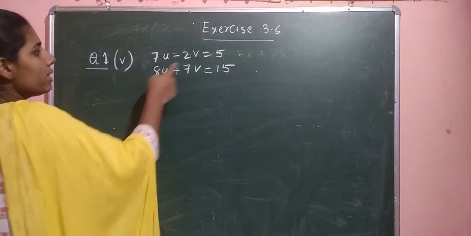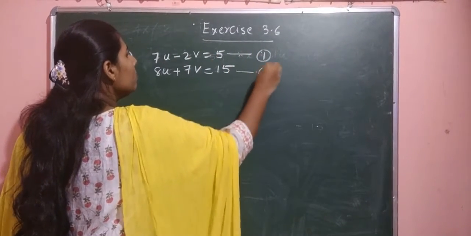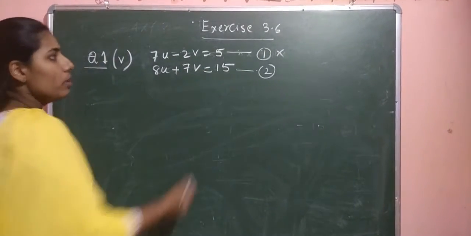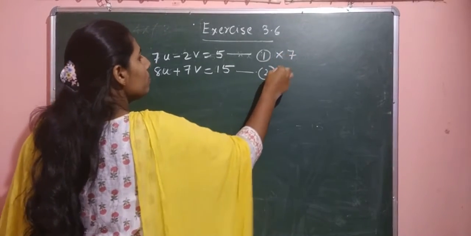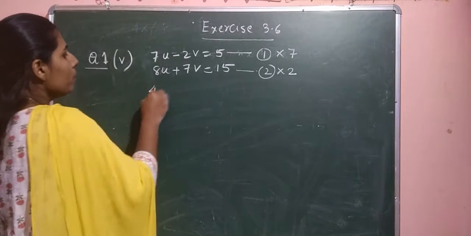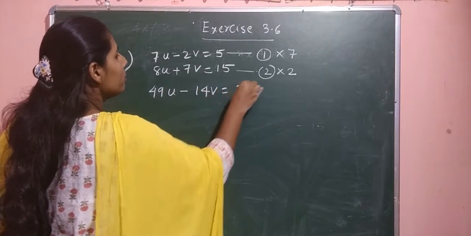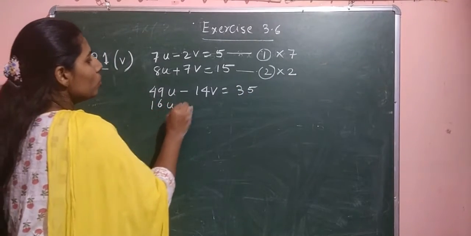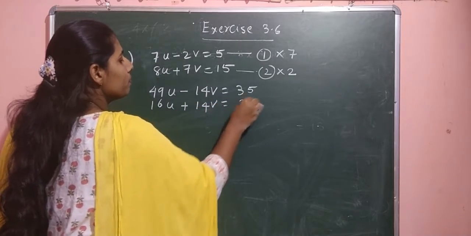Now for equations 1 and 2, I am making the v variable same. So I will multiply equation 1 by 7 and equation 2 by 2. The new equations will be 49u - 14v = 35 and 16u + 14v = 30.